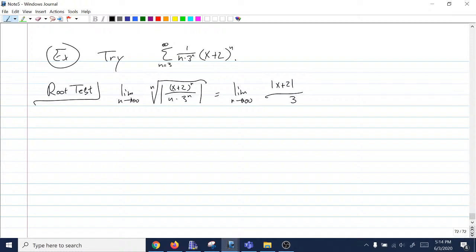The absolute value of 3 I know is 3. I also get an nth root of n on bottom, and it's handy to know the nth root of n goes to 1. Taking the limit, I get absolute value x plus 2 over 3.